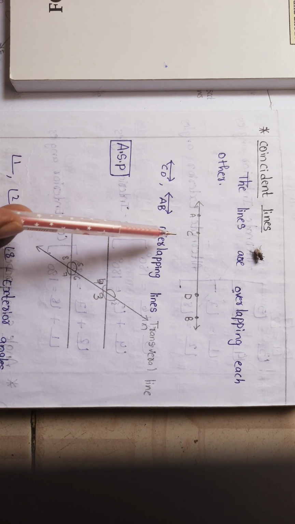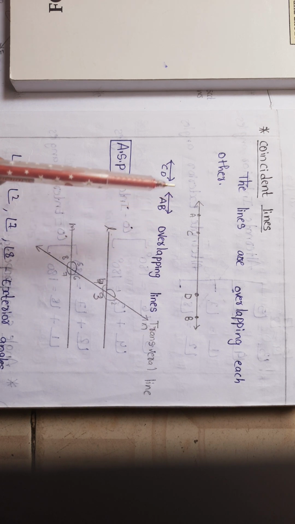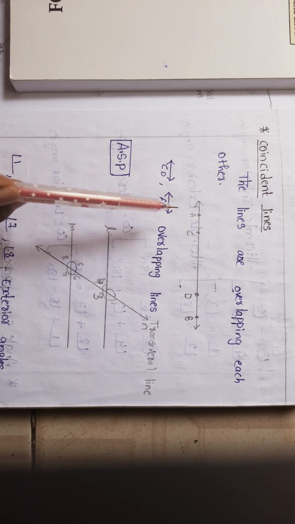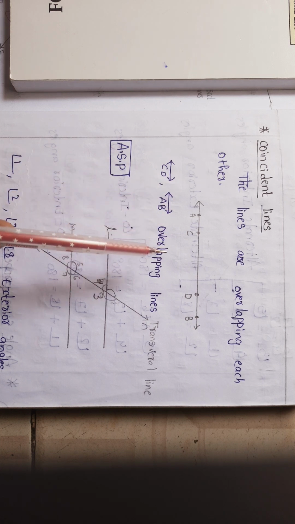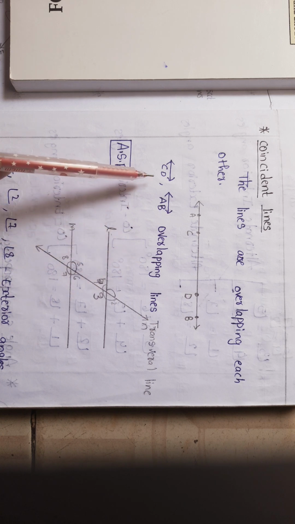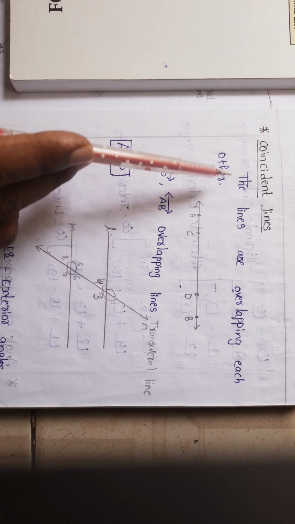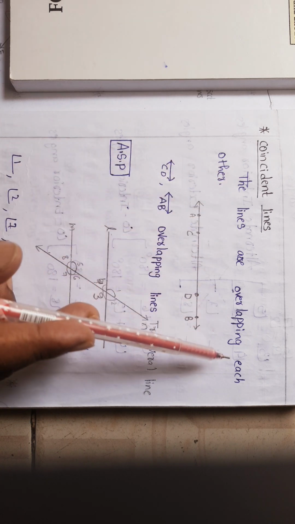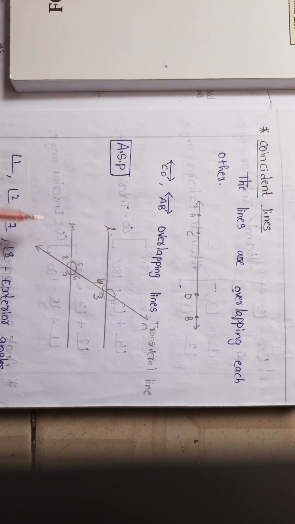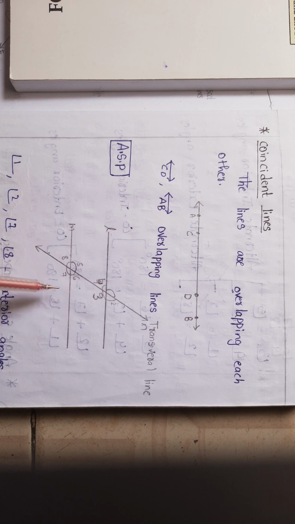These are basic concepts, important for lower classes. CD and AB are overlapping lines, coincident lines. Here, two lines are parallel to each other.